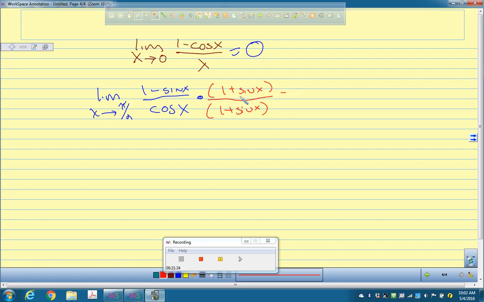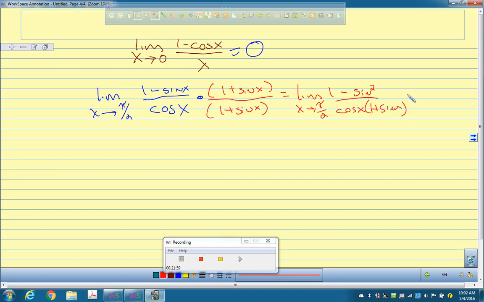Because then what happens is, on the top, I get the limit as x goes to pi over 2 of 1 minus sine squared x, over cosine x times 1 plus sine x.